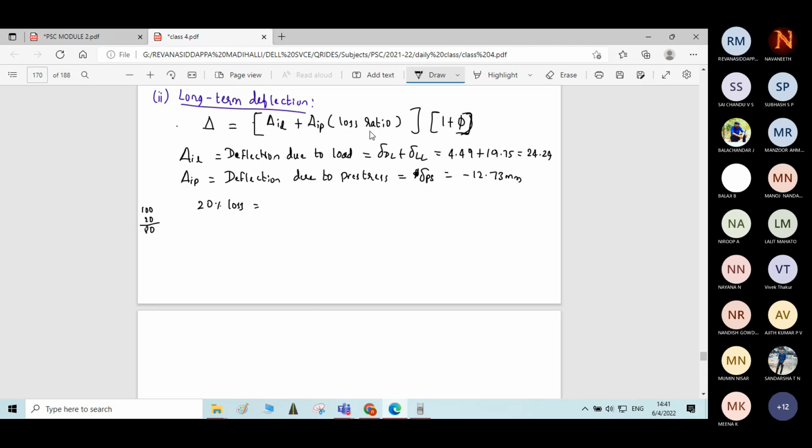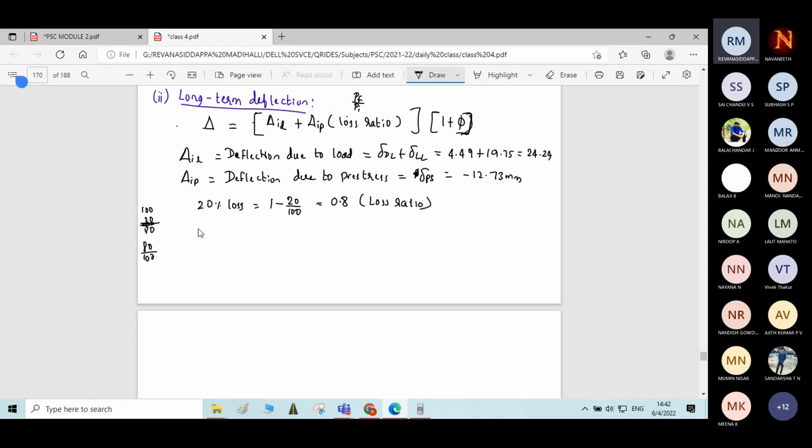Loss ratio is nothing but it is PF by PI, the ratio of final prestress divided by initial prestress. After 20 MPa loss, final prestress will be 80, initial prestress will be 100. You will get loss ratio 0.8. So I'll write this as 1 minus 20 by 100. So you'll get the answer as 0.8 as loss ratio.